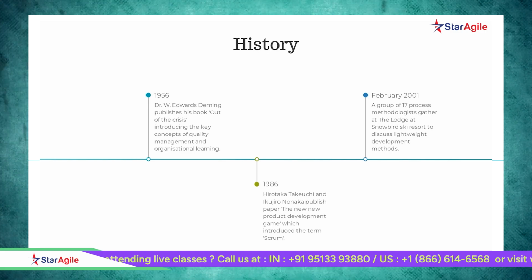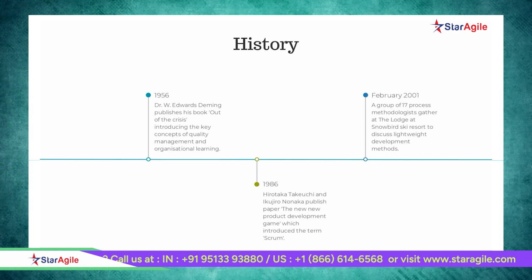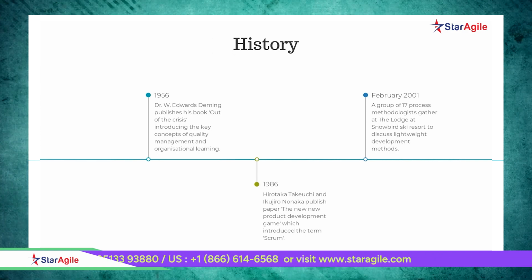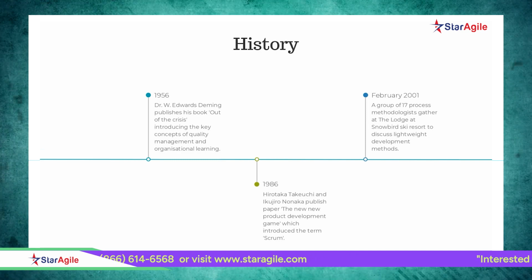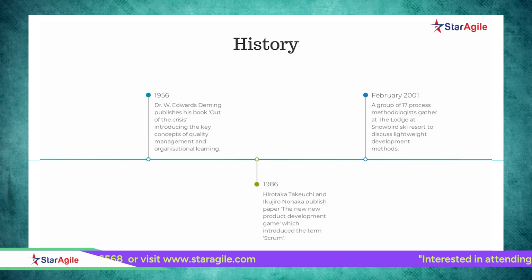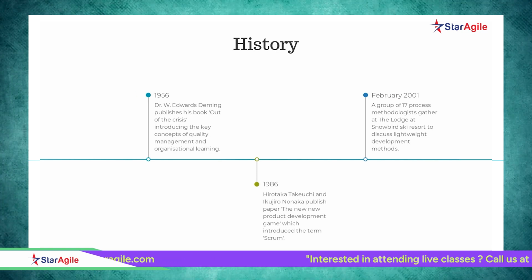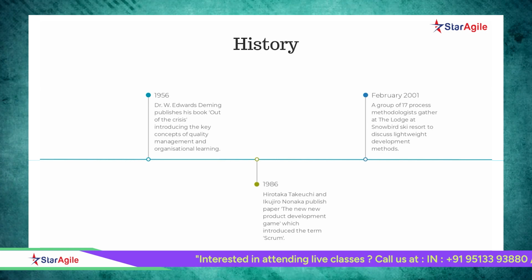Their collaboration over those few days culminated in the Agile Manifesto, a document that proposed a radically different approach to software development, one that has since spread across industries and continues to influence project management philosophies worldwide.